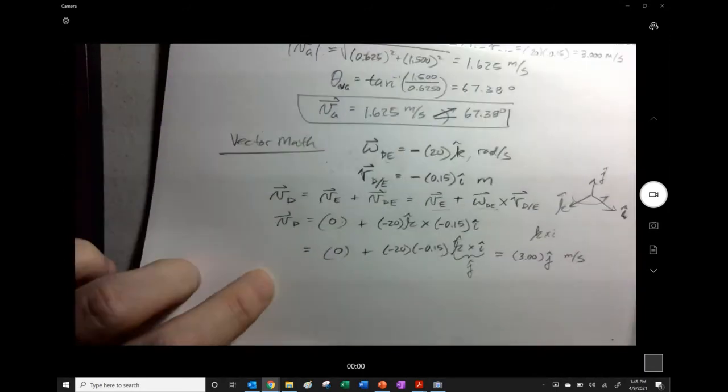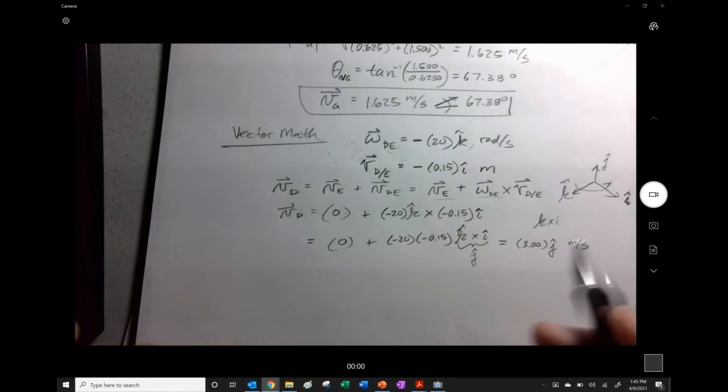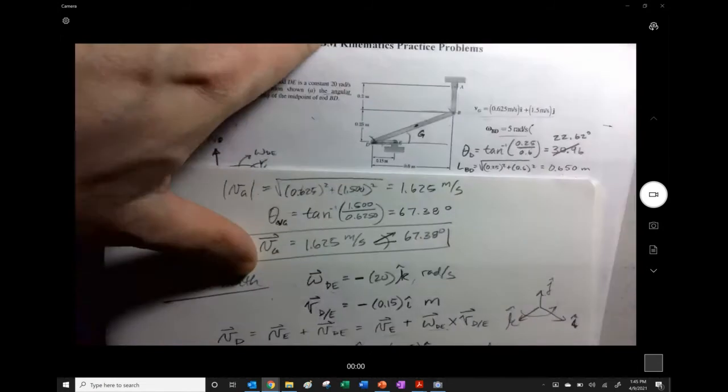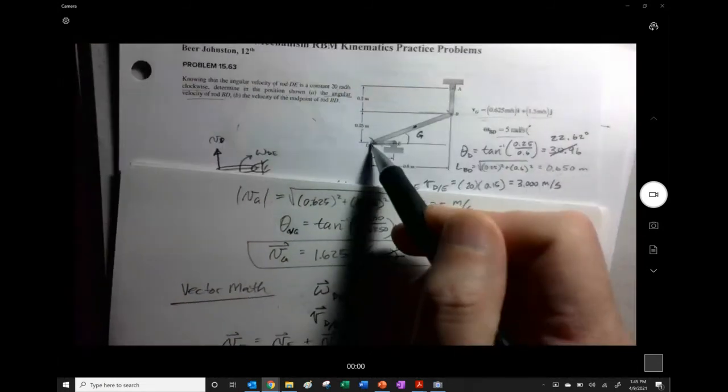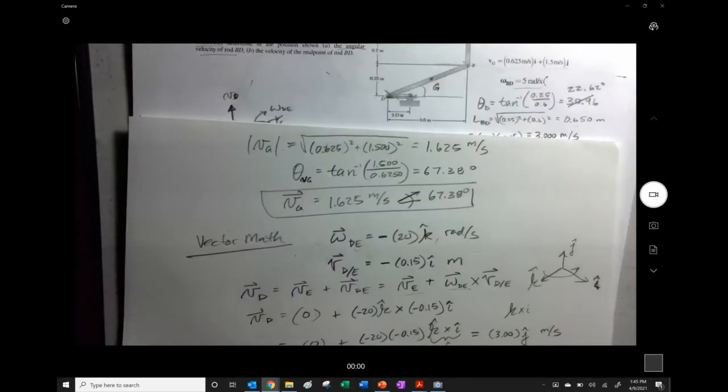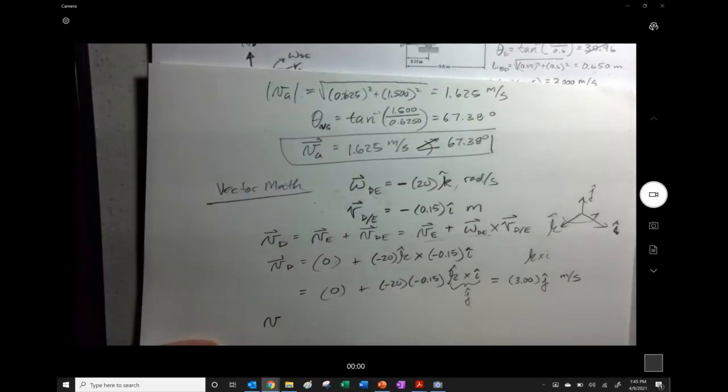So we again write out our, well, let's do some preliminary work right here. I'll write out the equation so I know what I'm going to need.